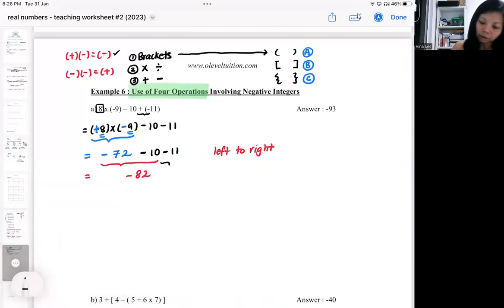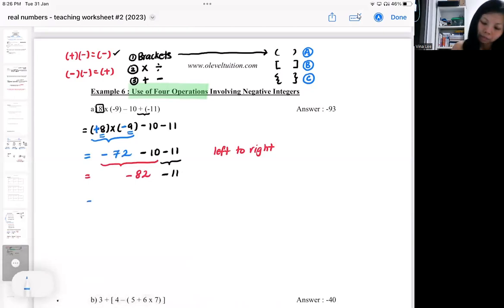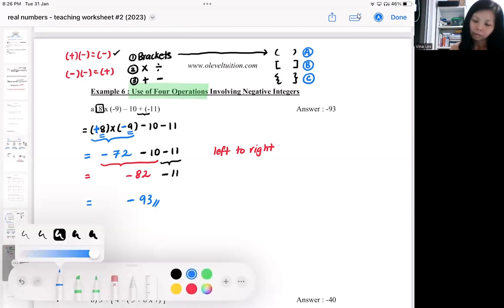This guy is still standing here. Then eventually my final answer, minus 82 minus 11, will give me a minus 93. Previously I did mention how you can think of negative numbers.